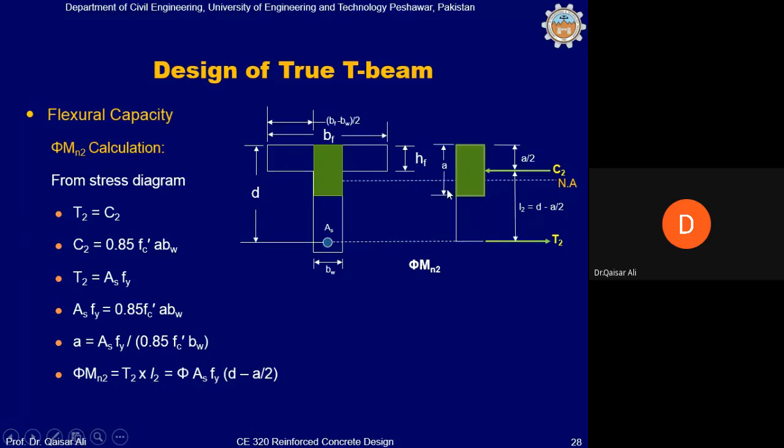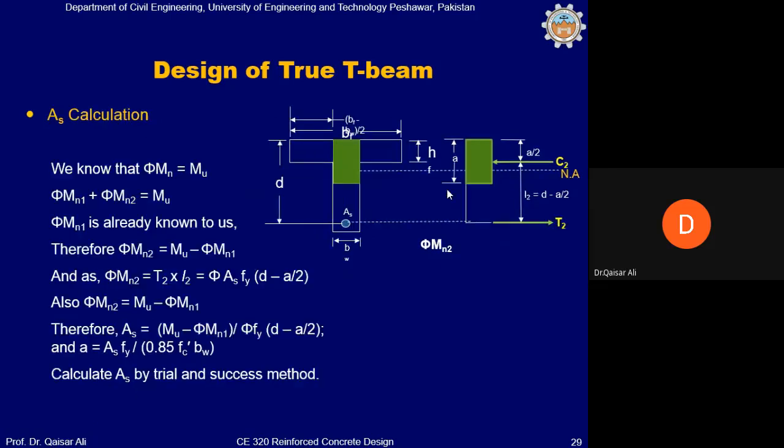So we will do trials just like a rectangular beam. And then Phi Mn2 is equal to Mu minus Phi Mn1. Mu is the total applied bending moment, and Phi Mn1 is the one which is given by Asf, so that is already known to us.